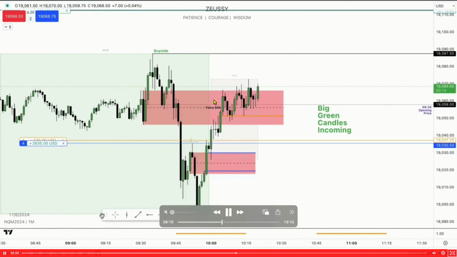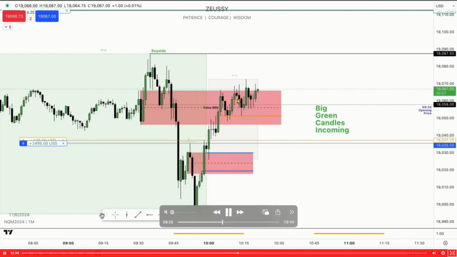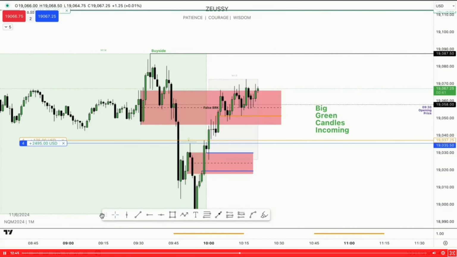Therefore, we anticipate that around equilibrium, consolidation is taking place, and that's what we're seeing right here. And we're simply waiting for speed and velocity outside of that. And once that speed and velocity comes, we can anticipate that range expansion will take place.